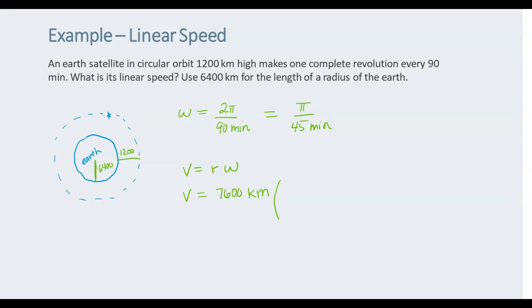And then we're going to multiply that by the angular speed, pi over 45 minutes, and plug that into the calculator. And you should get about 531 kilometers per minute. It's really fast.